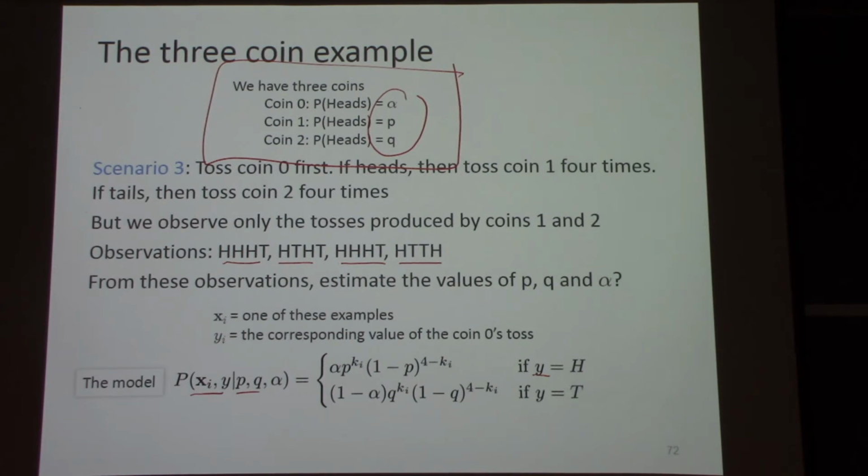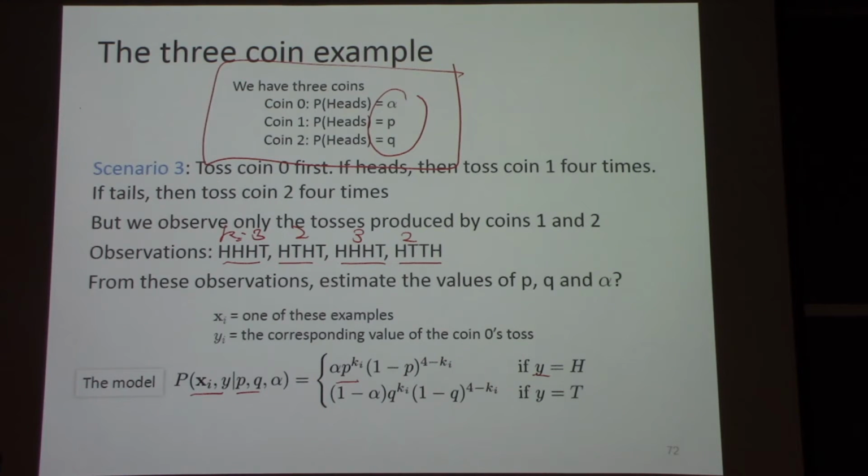If there are k heads, so k equals 3 here, and in the first one k equals 2 here, then you just count p power k, 1 minus p power 4 minus k for the first case.